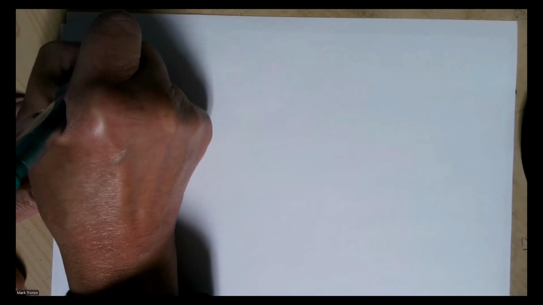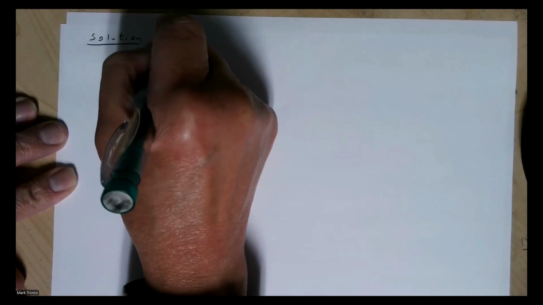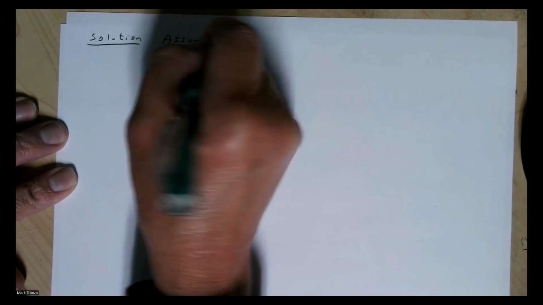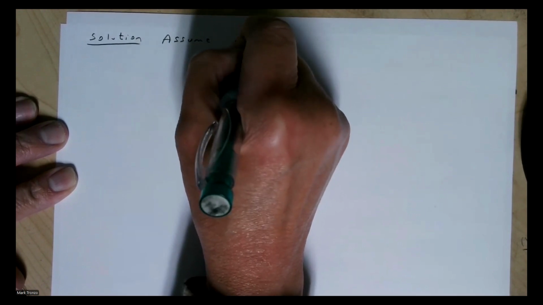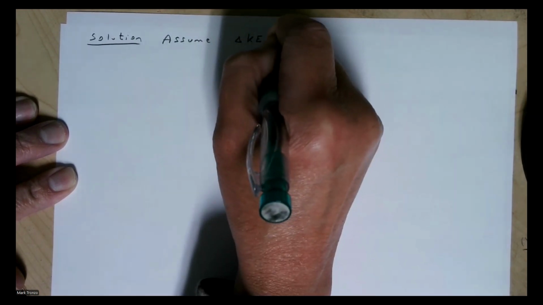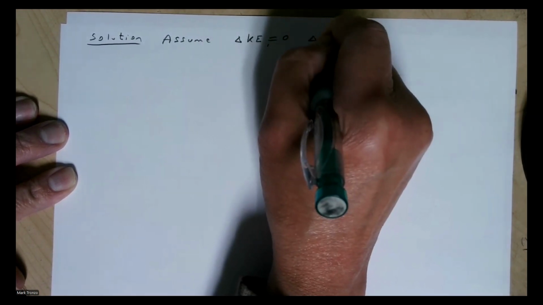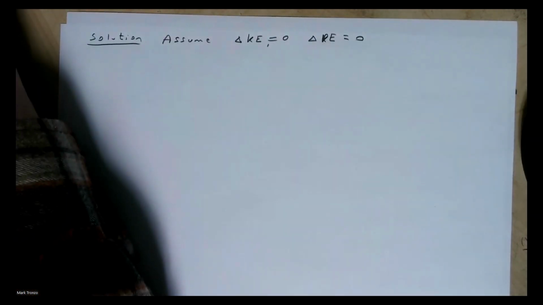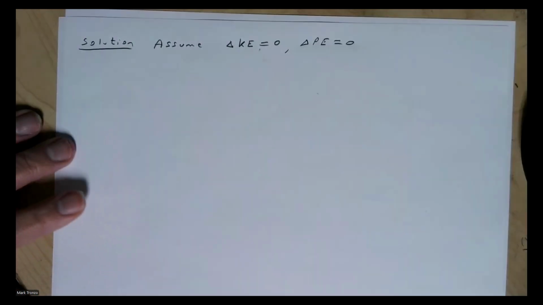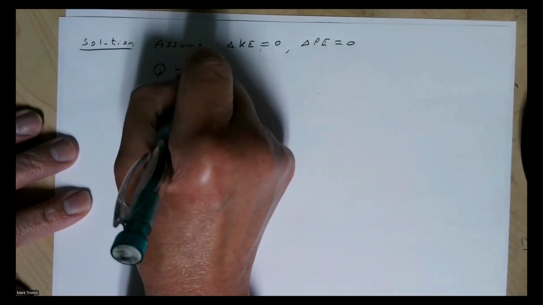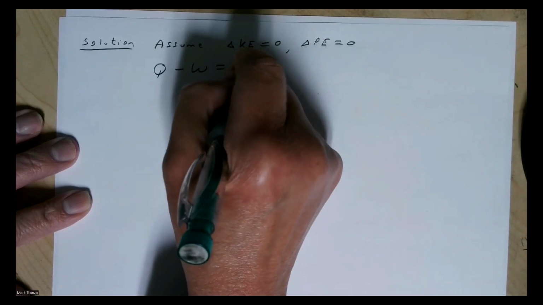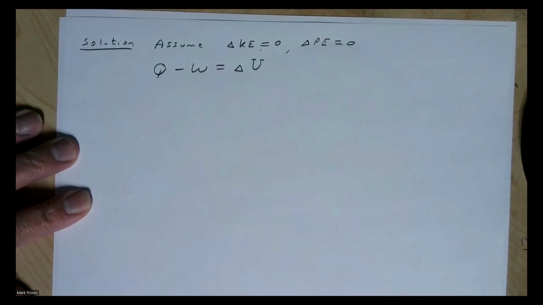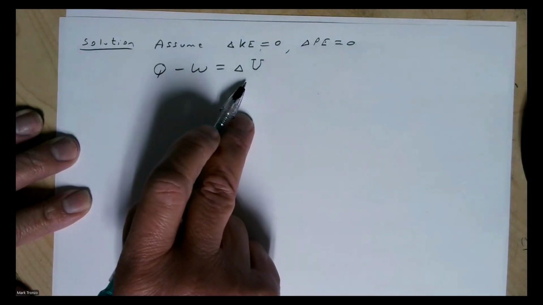This is a closed system, no change in elevation, etc. So I think we can assume, actually, we can assume very safely that there's no change in kinetic energy, no change in potential energy, and so the equation we're going to use is the first law, Q minus W equals a change in internal energy.